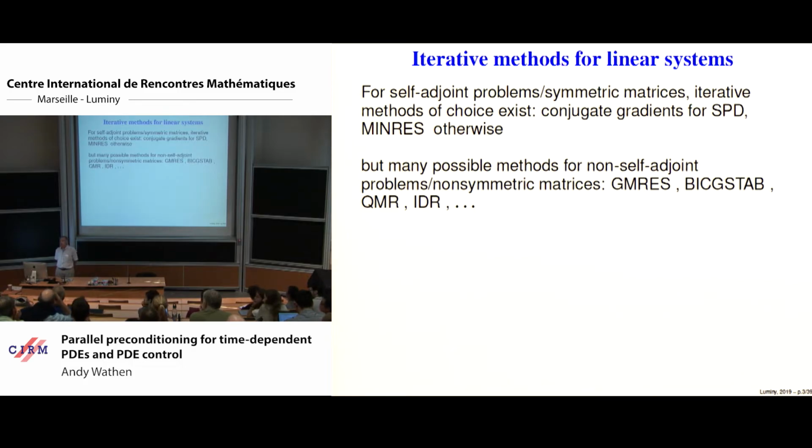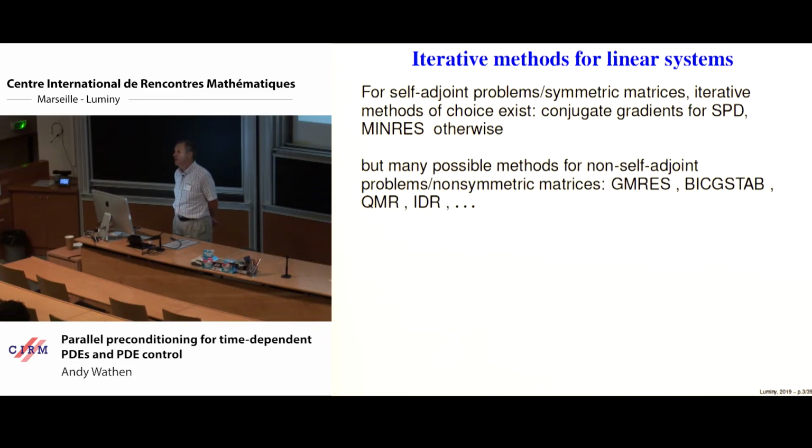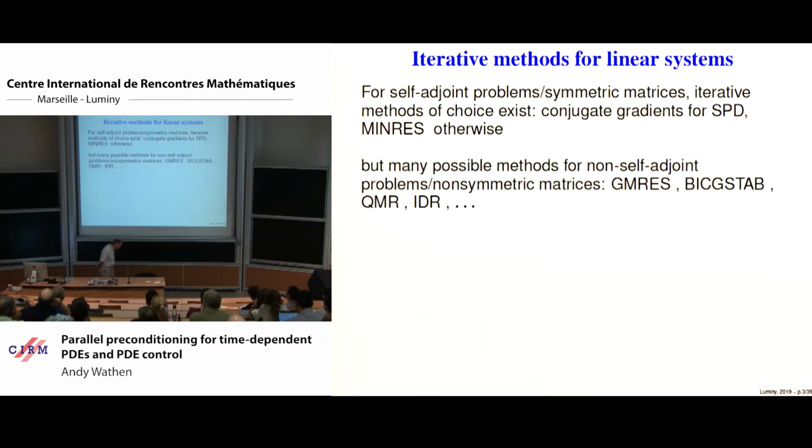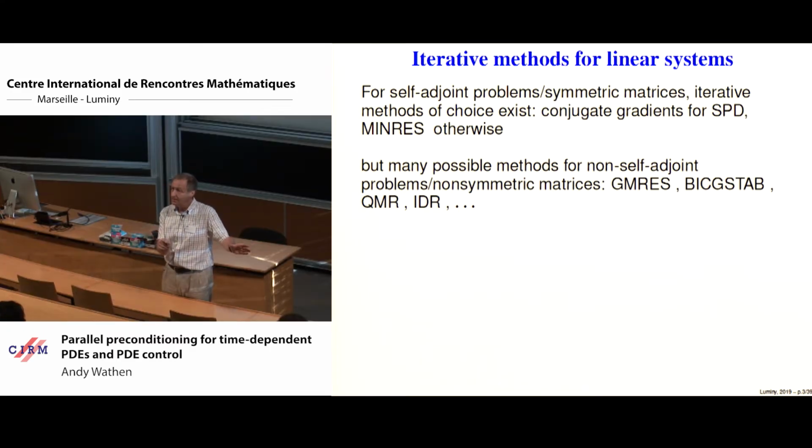I don't know if you want to say something about the indefinite problem. About the indefinite problem? I mean, the indefinite problem is still self-adjoint to me, right? Even if it's indefinite, it's self-adjoint. The eigenvalue problems that you come to look at convergence are a little more complicated, therefore, because you have eigenvalues on either side of the origin and the constraint point in the middle when you're looking at Krylov methods.